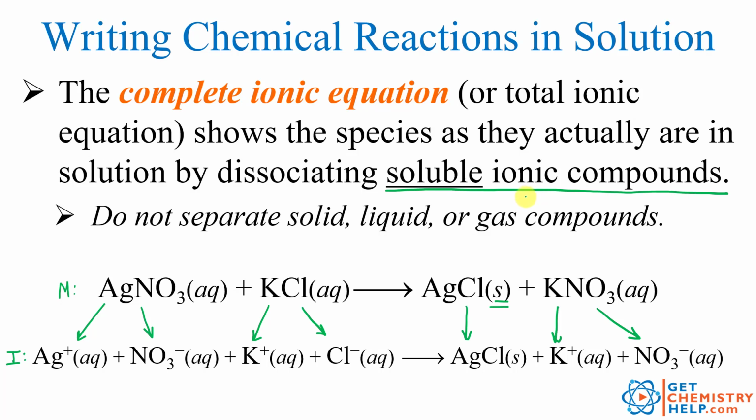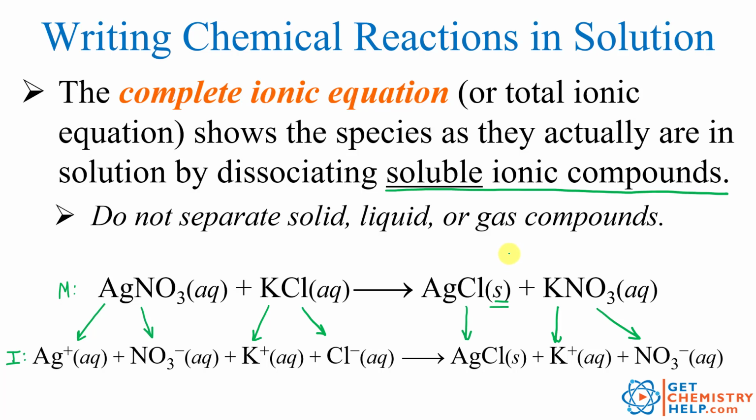For example, let's say we had carbon dioxide. Carbon dioxide is a molecular compound. Even if it was aqueous, dissolved in the water, you would still write it together as CO2 aqueous. Now one other little nuanced thing that I'm not really going to cover in this lesson has to do with what are known as strong versus weak electrolytes.